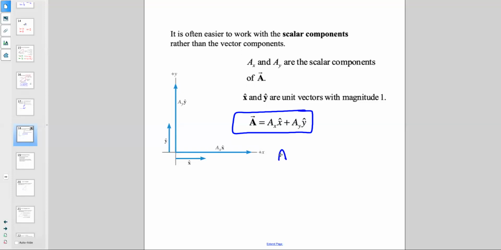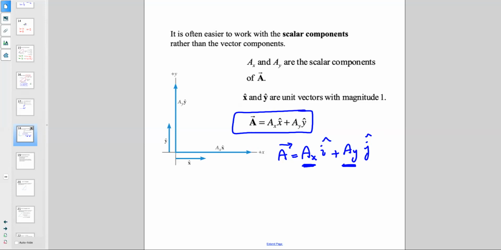Or I can just write it like that: A is A sub x, the portion of it along x, i hat, plus the portion of it along y, j hat. That way I am presenting a vector to you based on its projection along x and y. It is still in vector notation, meaning that I am keeping the notation accurate.